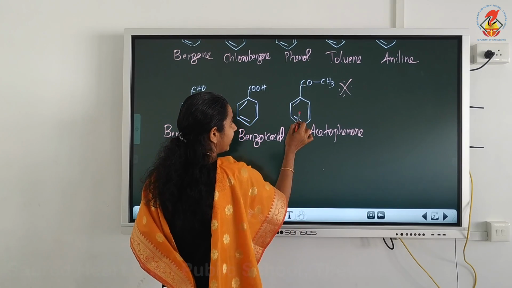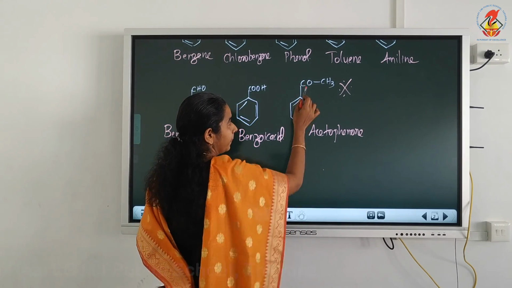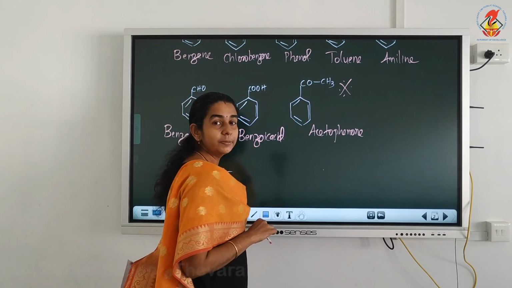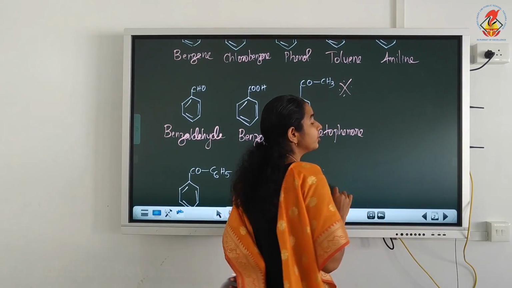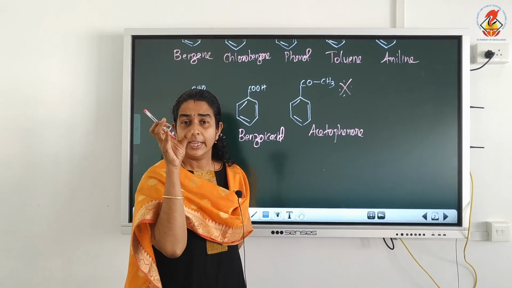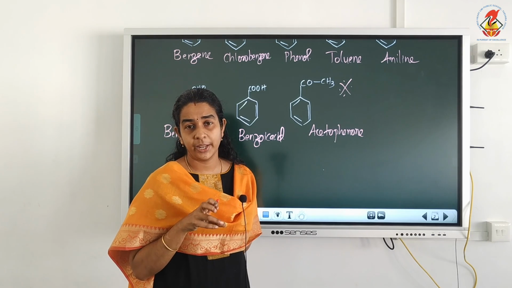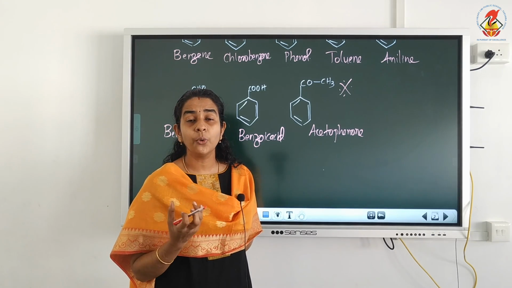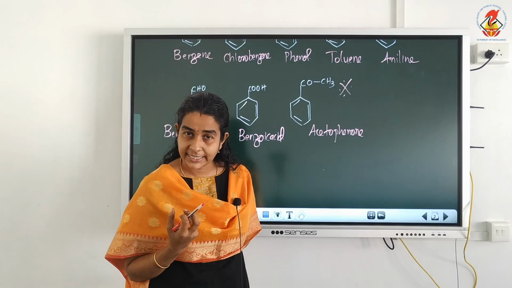Here one side of the keto group is a benzene ring. If it is simply a benzene ring, we know that the formula is C6H6.